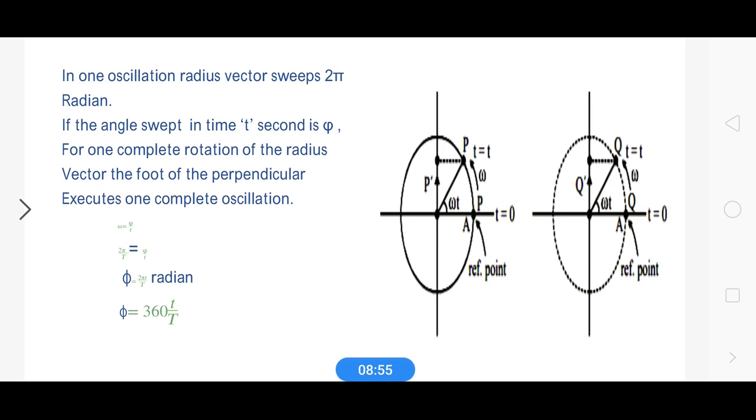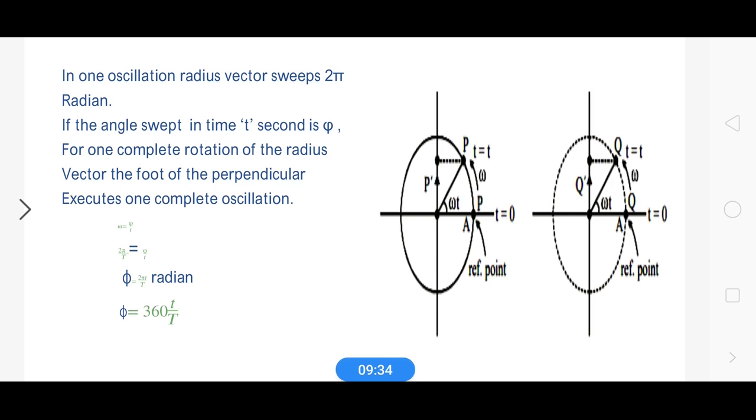Now, in one oscillation, the radius vector sweeps 2 pi radian. If the angle swept in time t seconds is phi, then for one complete rotation of the radius vector, the foot of the perpendicular executes one complete oscillation.